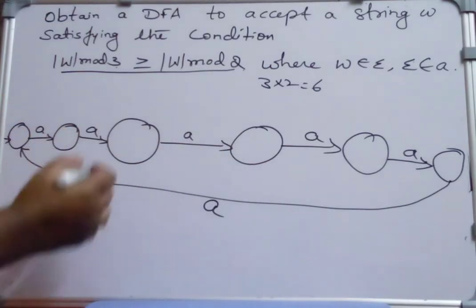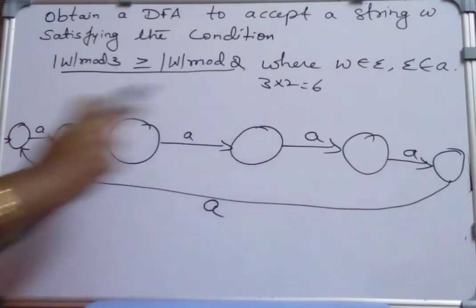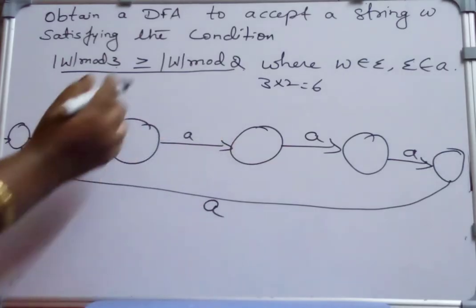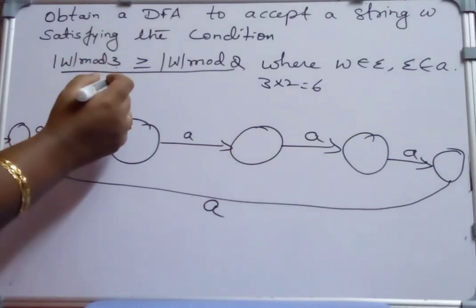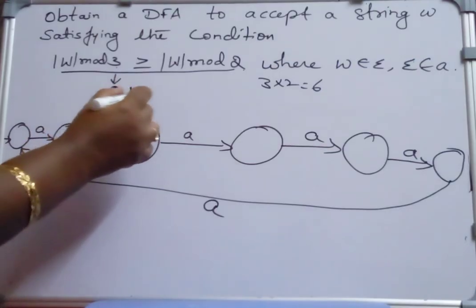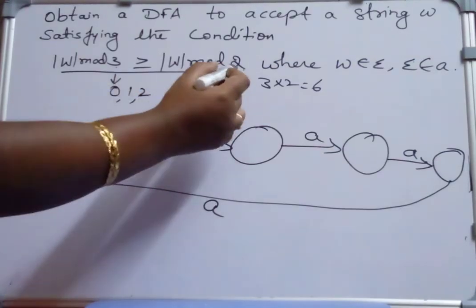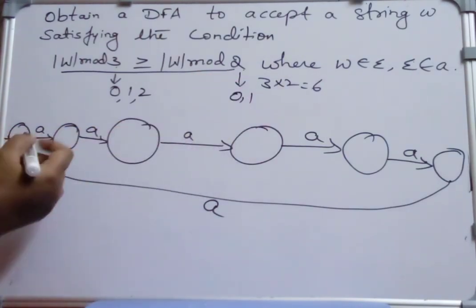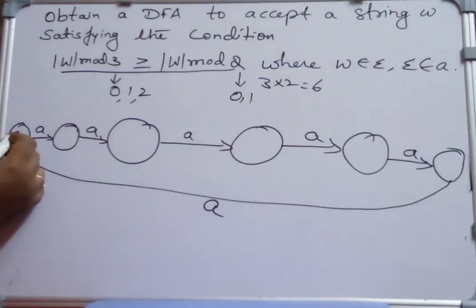So here how to identify the states? Instead of giving the state names as Q0, Q1, Q2, I will write the possible remainders of 3. The possible remainders of 3 are 0, 1 and 2. The possible remainders of 2 are 0 and 1. So here in the states I will write the remainders first.